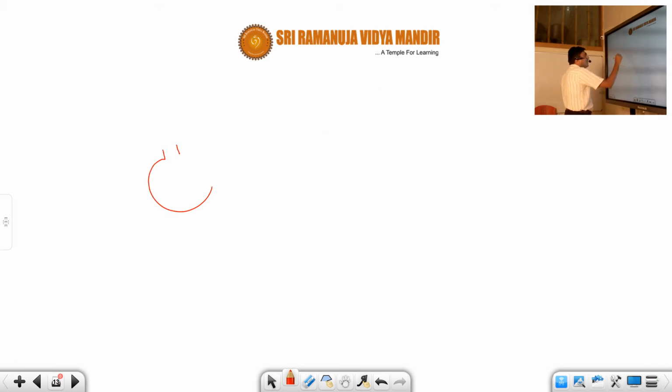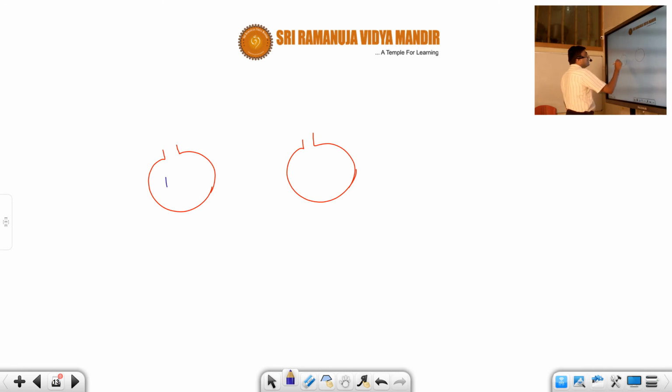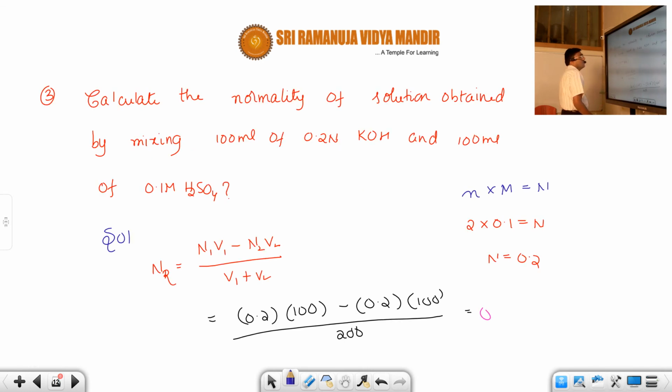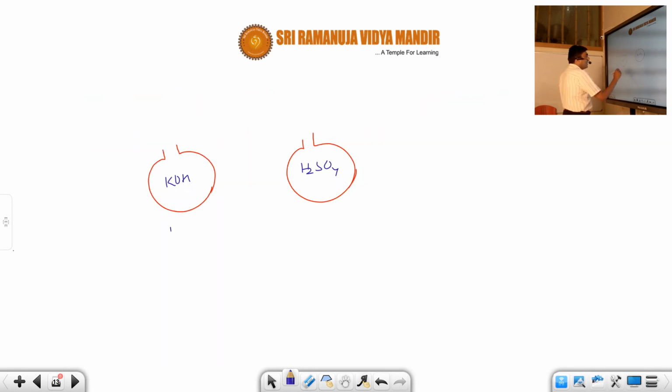First of all, take two solutions. One is KOH, another is H2SO4. Now what is required here? Normality. First one, 100 ml of 0.2 normal, first case: V1 is 100 ml and N1 is 0.2 normal, which is given.